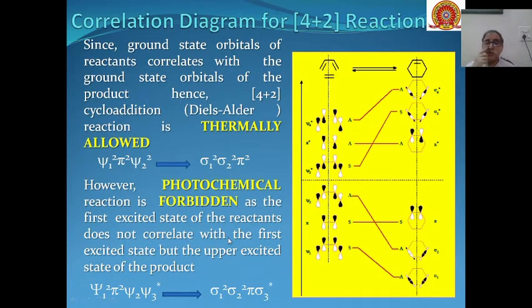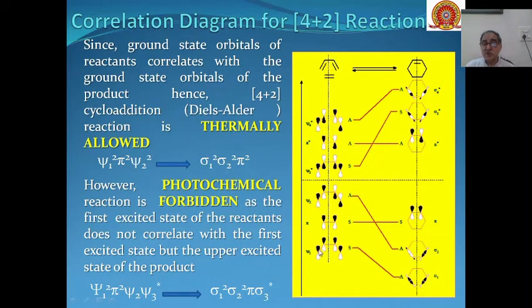Now, on the basis of symmetry of various molecular orbitals, we can draw the correlation diagram for these 4 plus 2 cycloaddition reactions or Diels-Alder reaction. So we can see over here that in case of reaction of butadiene with ethene, we will be getting cyclohexene as the product, and these will be the molecular orbitals for butadiene and ethene, 4 for this and 2 for this.